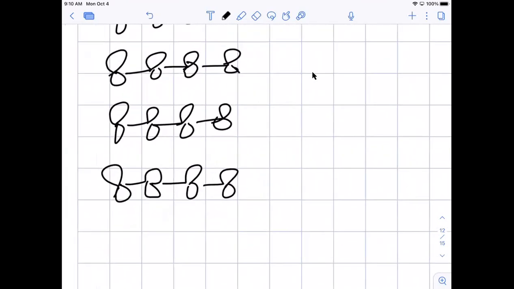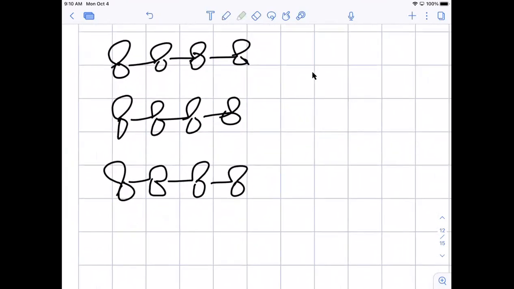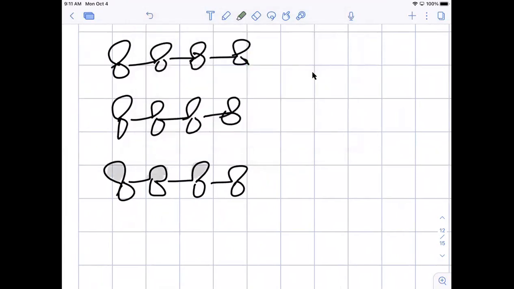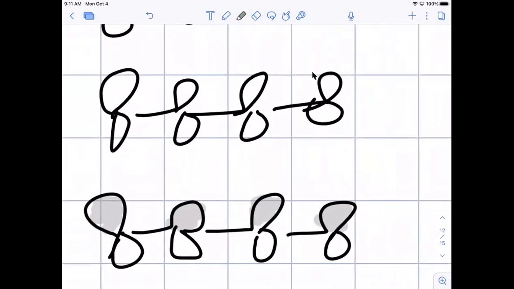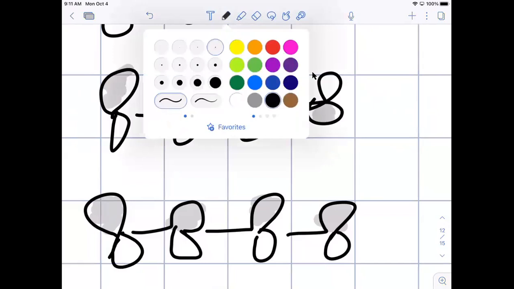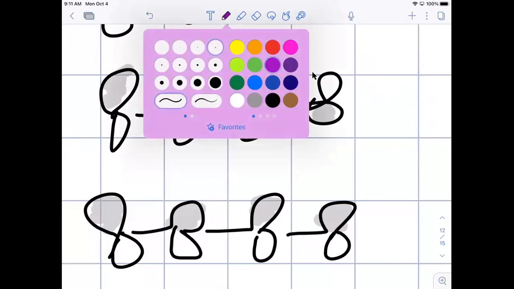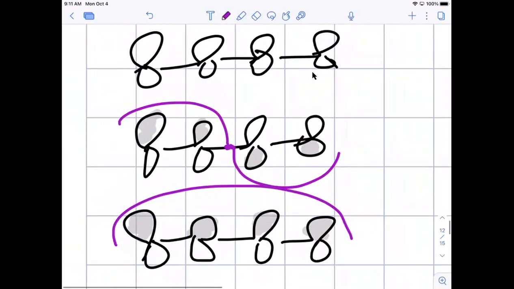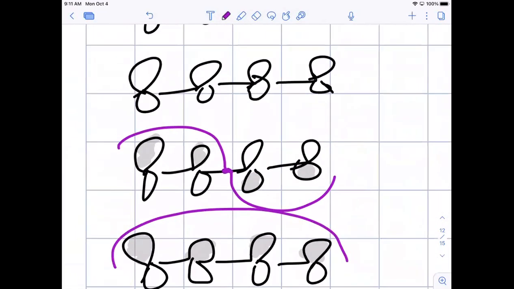So wave-wise, this is going to be the first harmonic, so the wave will never pass through 0. And then here, the wave passes through once. Right here. So you have a node there. No nodes in the first harmonic. And then when you get to the top, it passes through twice.